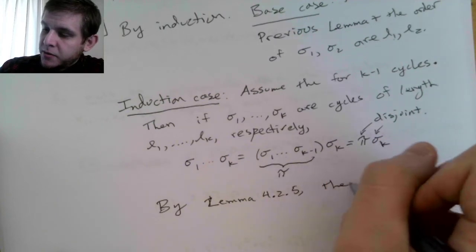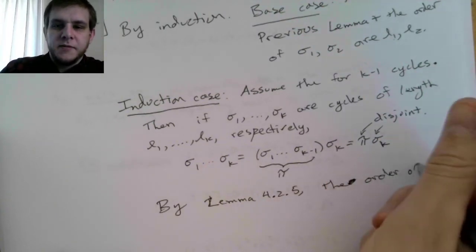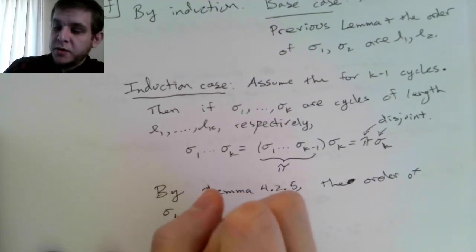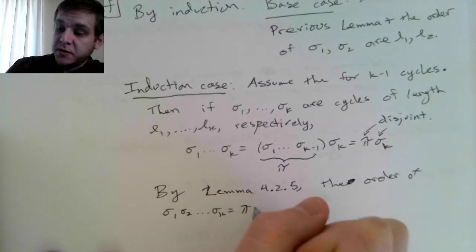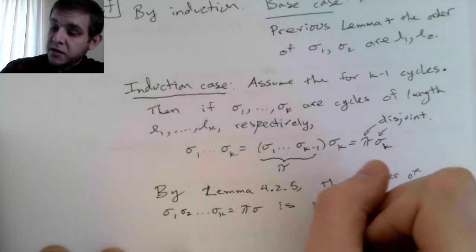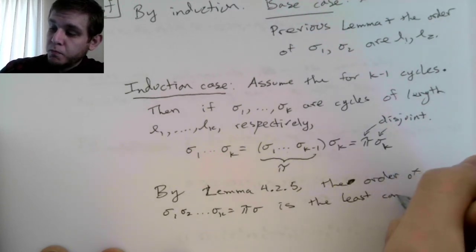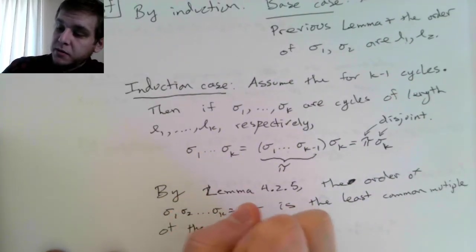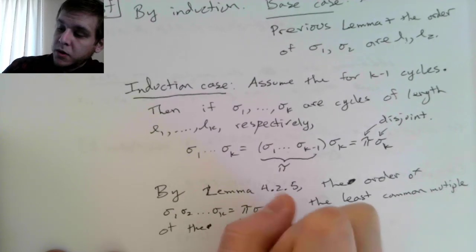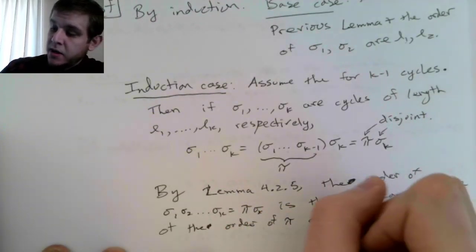the order of sigma 1 up to sigma k, which is just pi times sigma k, is the least common multiple of the order of pi and the order of sigma k, which is Lk.